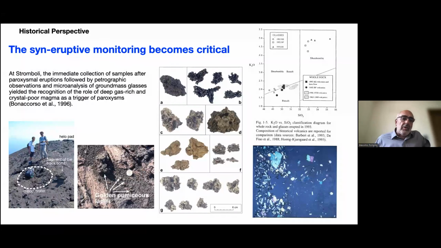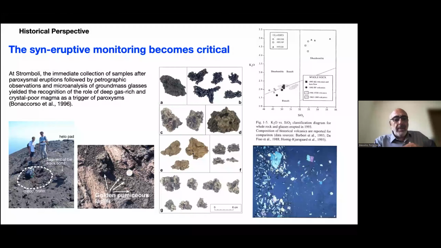And this also, for the first time, allowed people to recognize the role of this deep, rich magma as a trigger of the paroxysm. There are a lot of studies after this in the following years.